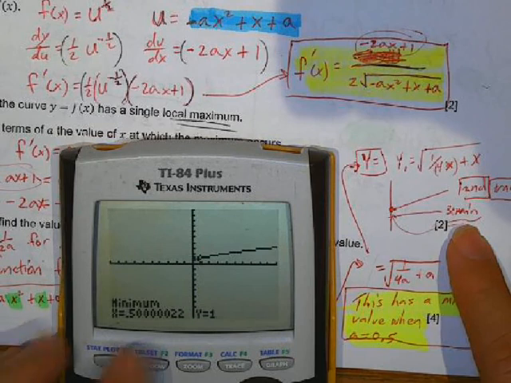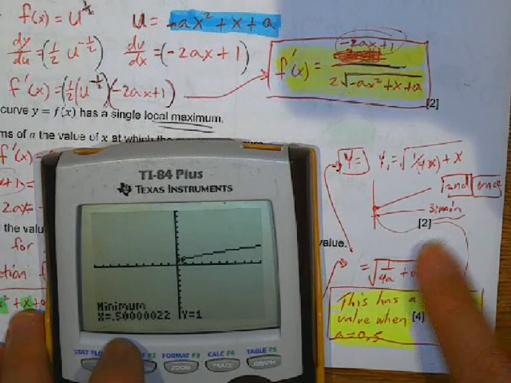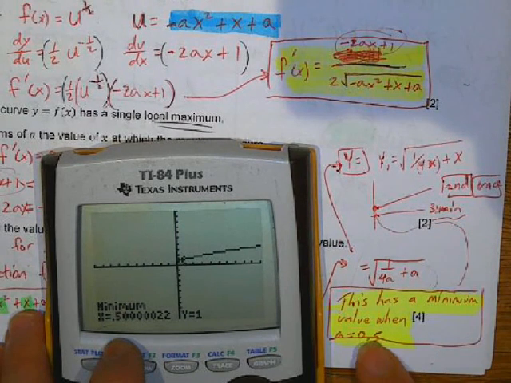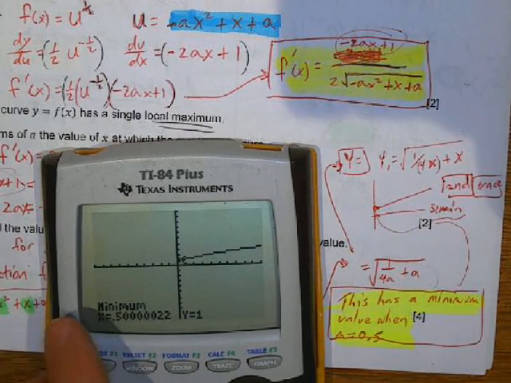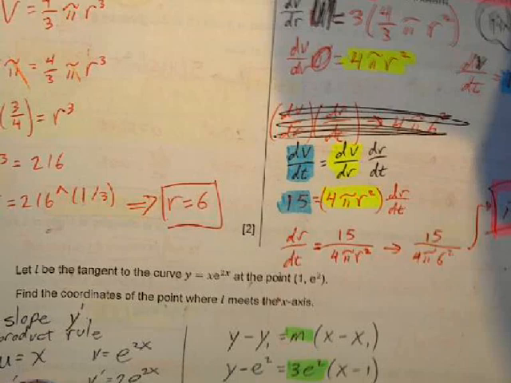If I do second trace minimum, I'm going to find a value of 0.5, and that's my minimum. So this has a minimum value when a is 0.5. This is probably going to be multiple parts for this video.